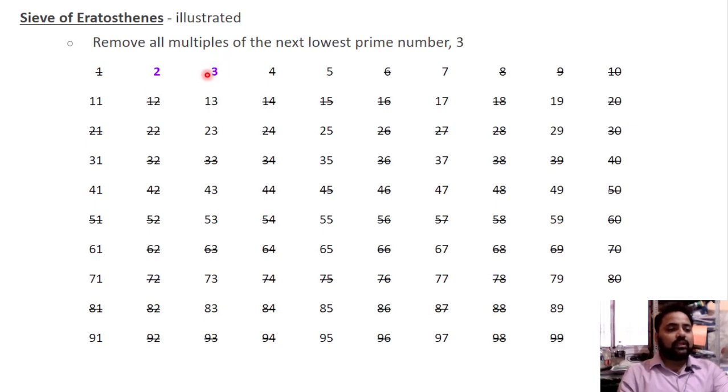we have to remove the multiples of 3. So here 3, 6, 9, 12, 15, 18, 21, 24, 30, then 33, 36, and here 39, 42, then 45, then 48, here 54, and so on.